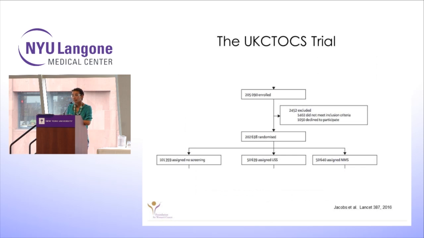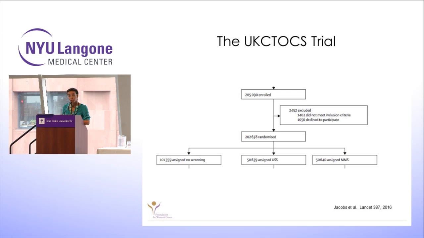More recently, a large trial in the United Kingdom was reported, and I want to review it at a bit more length. This was a very ambitious trial, which took the ROCA screening algorithm and tried to determine whether or not we could save lives by using a similar algorithm in patients. So it was done in the UK. They randomized 203,000 women.